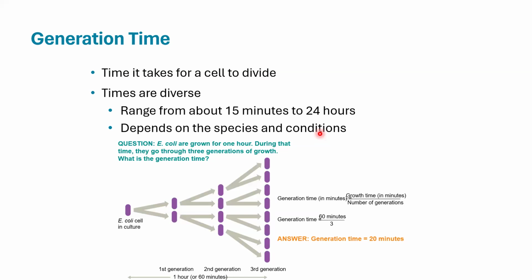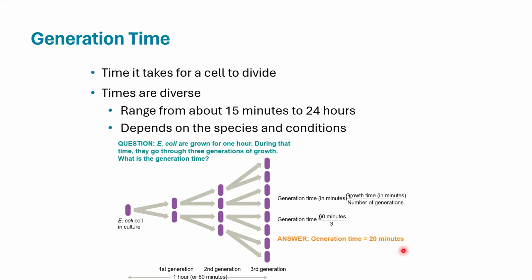This is growth time in minutes divided by the number of generations. So if we start with a single cell here, then we have 1 generation, 2 generations, 3 generations in the period of 1 hour. Then the way we calculate this is the number of minutes, 60 minutes, divided by the number of generations, 3. So that gives us an average generation time of 20 minutes.